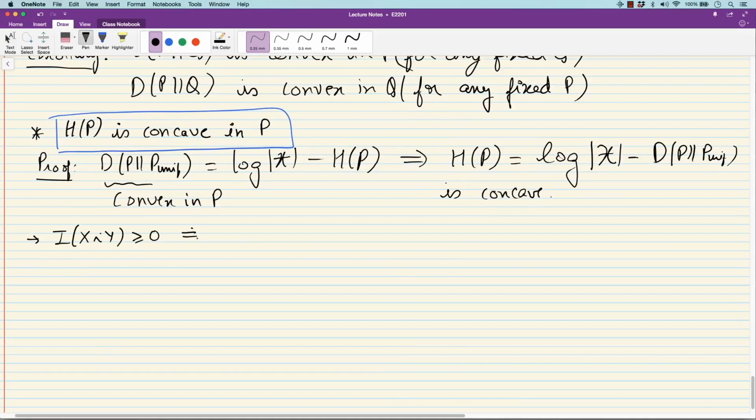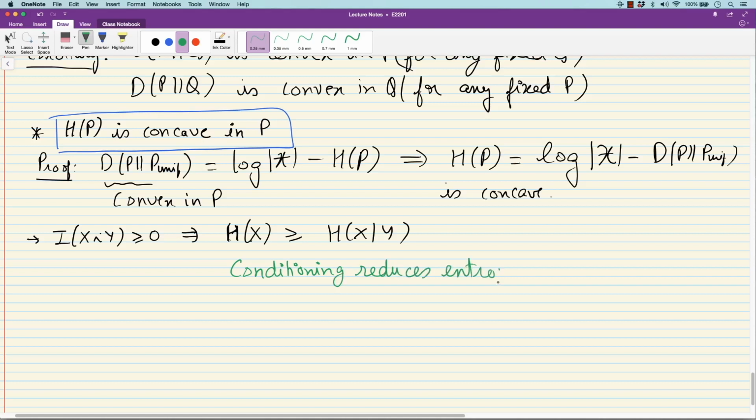What this also implies is that H of X is greater than or equal to H of X given Y. This property is often stated as conditioning reduces entropy. But this property can also be seen from the concavity of entropy. So this one implies this.